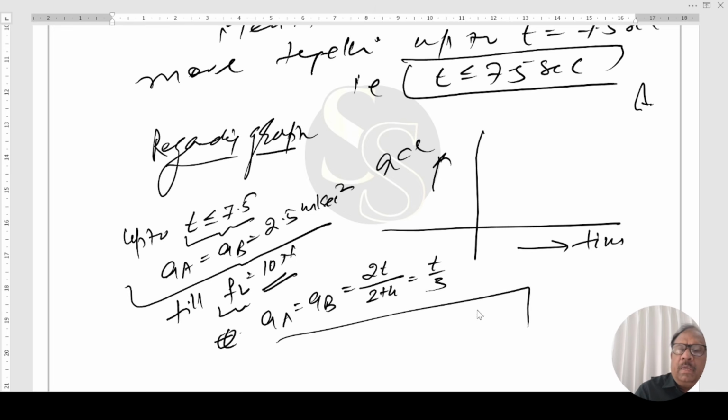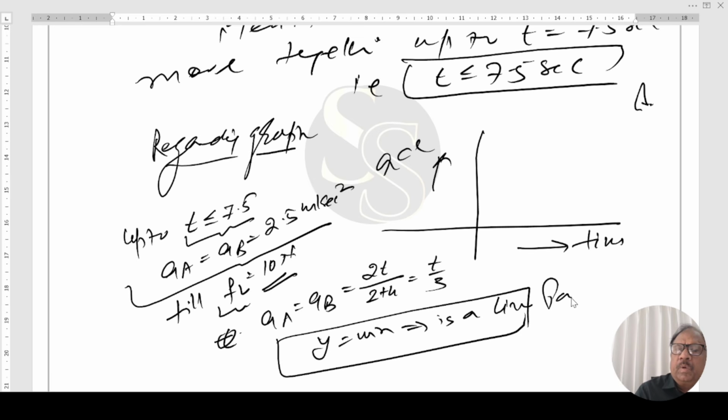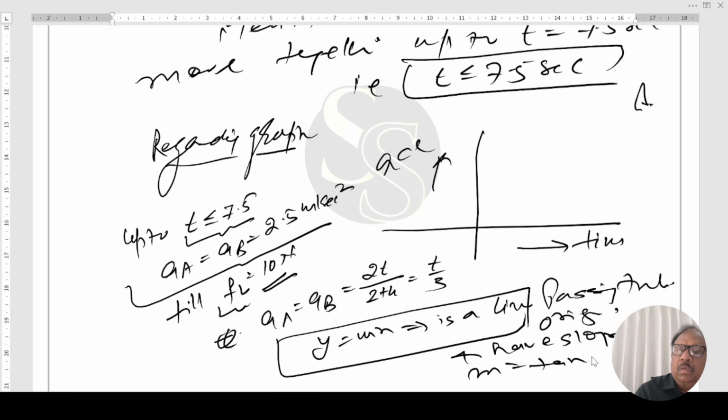You know how to plot the line. y equal to mx is a line passing through the origin and having slope m equal to tan theta.